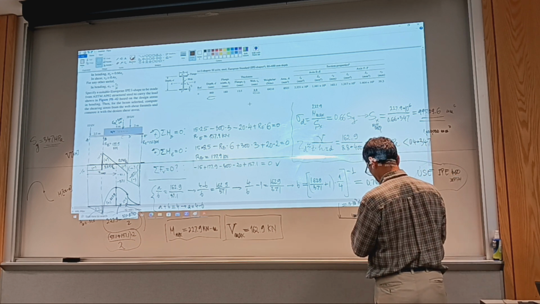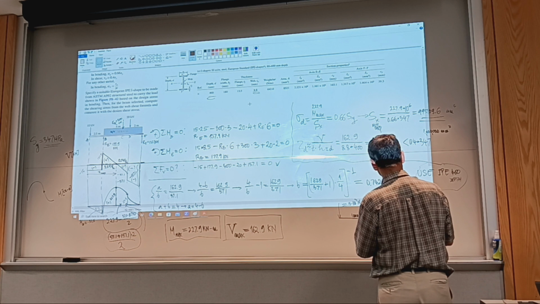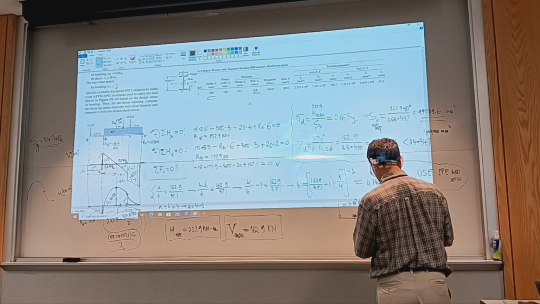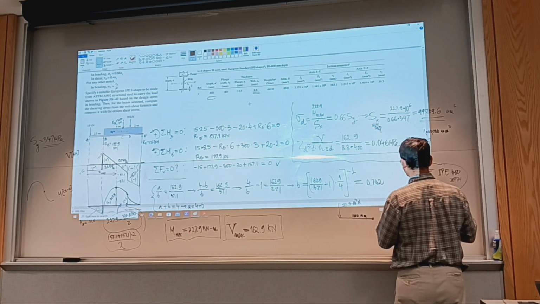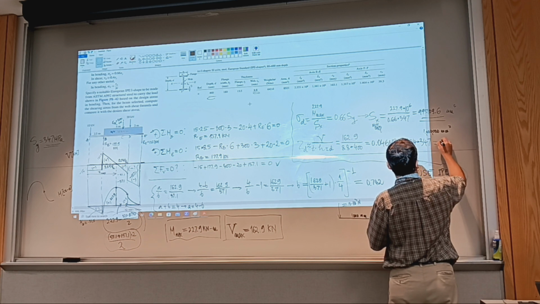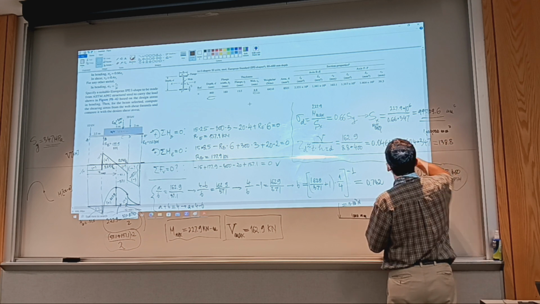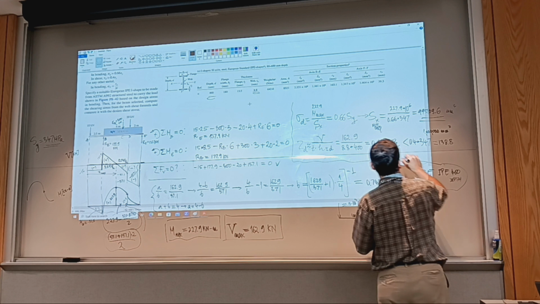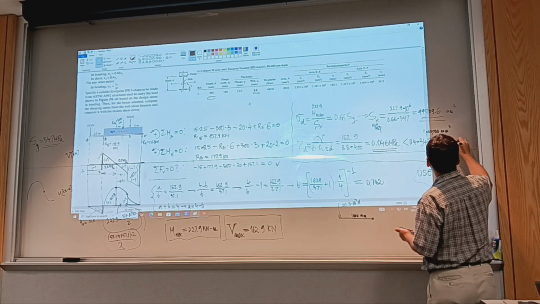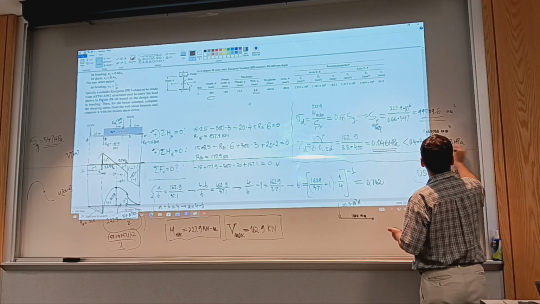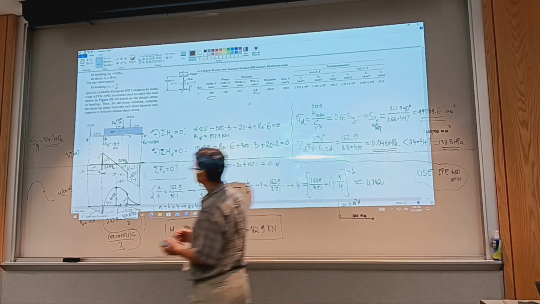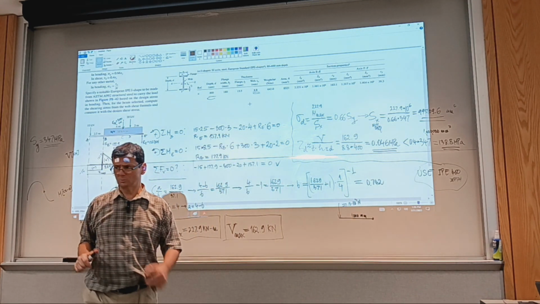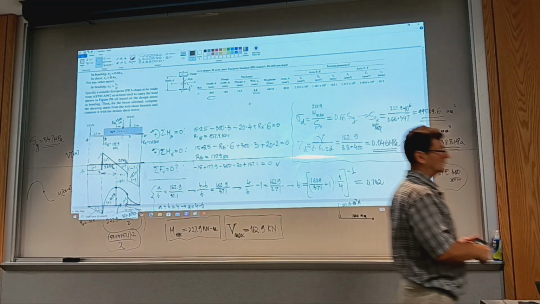So 0.4 times 347 equals 138.8. So way smaller than the maximum shear stress that is permissible according to code for building-like structure statically loaded.